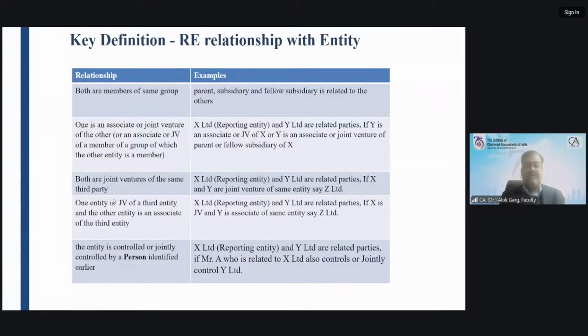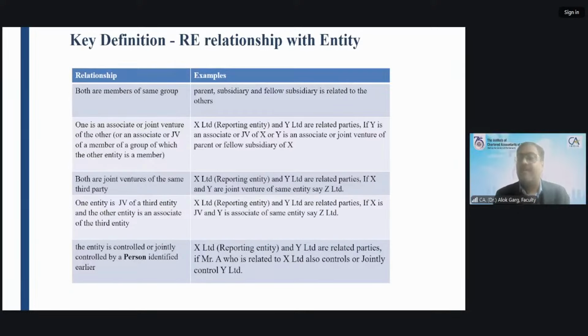Let's see whether it is simple or not. Both are JV of the same third party. For example, in this case, Z Limited has joint control over X Limited and Y Limited.